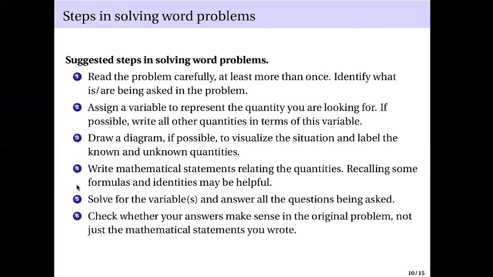But since your interpretation is incorrect, your answer in step 5 will be wrong if you check it in step 1. So always check the answers that you obtained against the original problem.